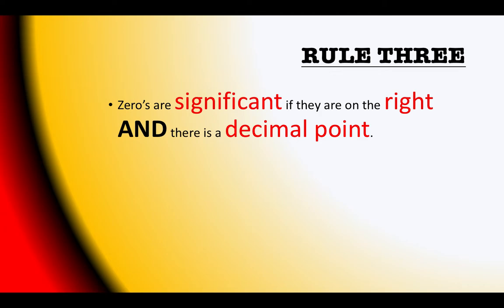So this value, 70 with a decimal point, has two significant figures. If there were no decimal point right here, this would be one significant figure. But since there's a decimal point right there, this is two sig figs.